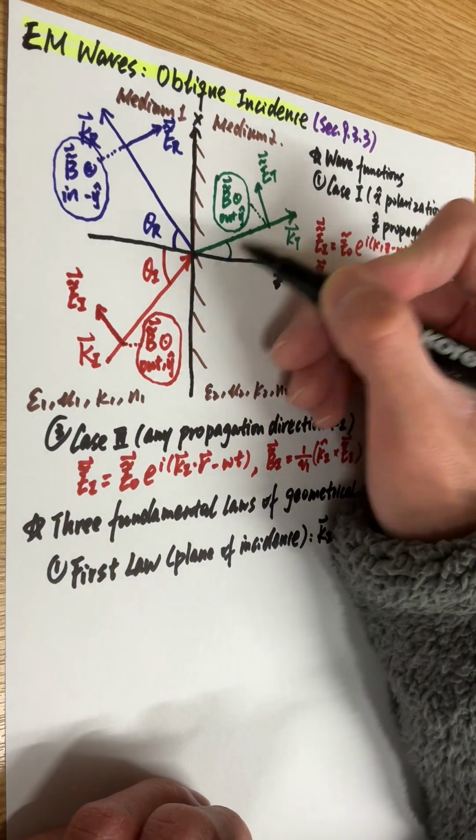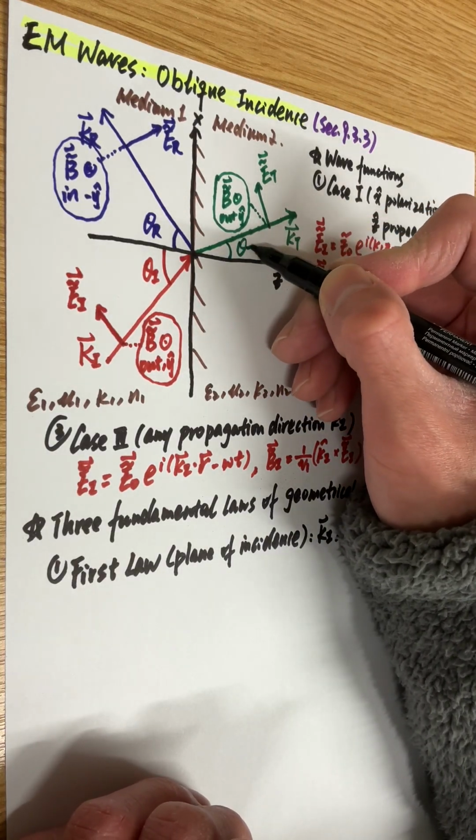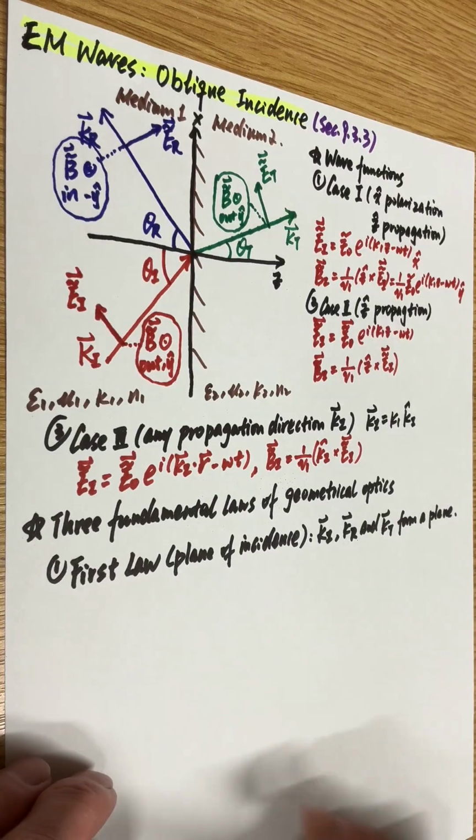And this angle, we can define as theta t, the transmission angle. So now we pin down more parameters, all because of the first law.